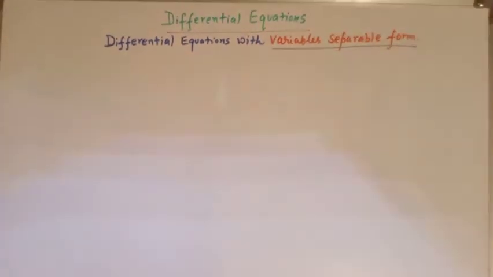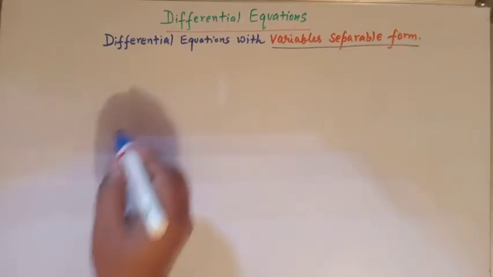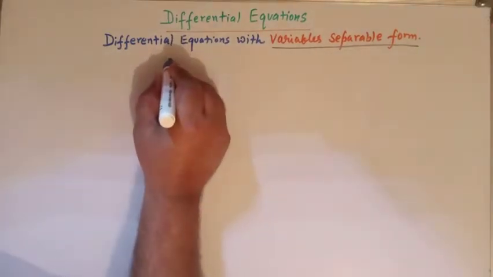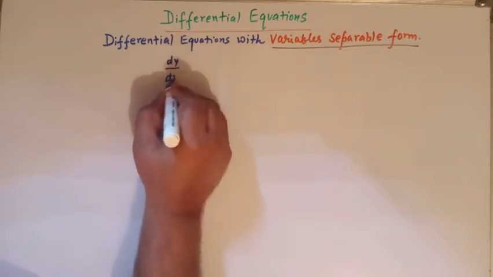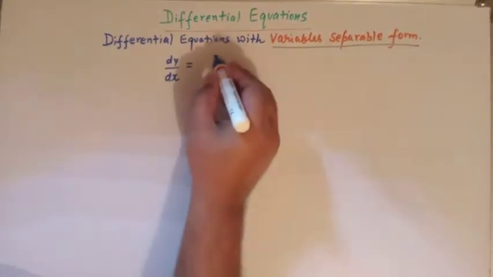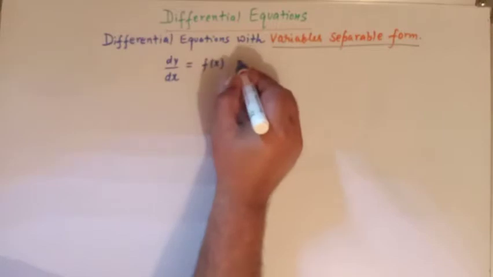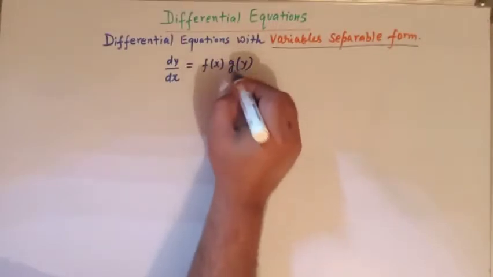Clear? Suppose we have a differential equation of first order and first degree in the form dy over dx is equal to say f of x and g of y. Clear?